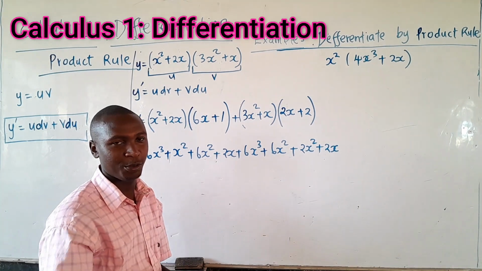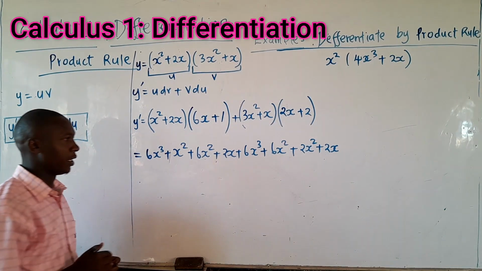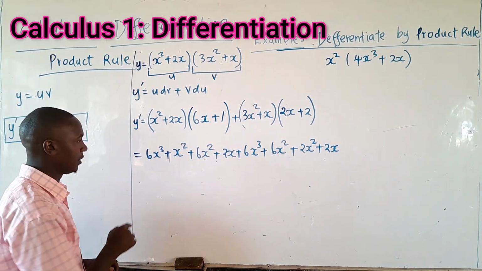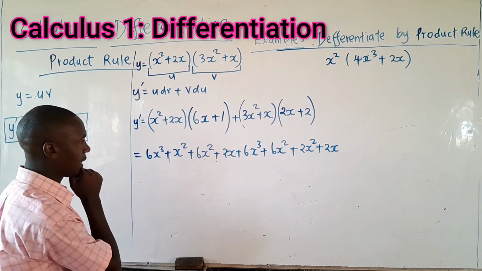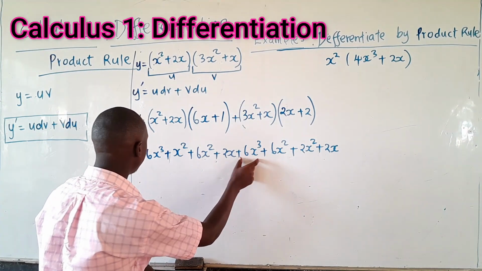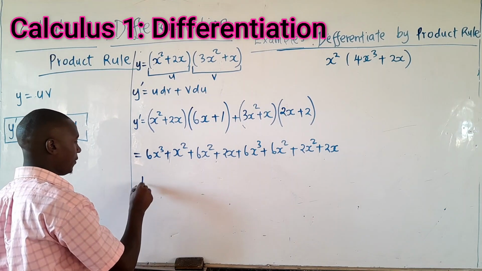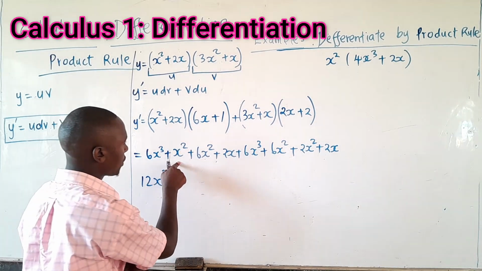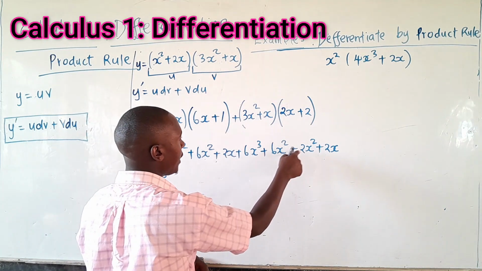If you write it, it's going to be very easy, but if you can follow very closely, then it's going to be very easy as well. So the like terms are, now we have a cube here and a cube here, that is 6 plus 6, that's going to be 12x cubed, and then we have a square here, a square here, a square here, and a square here.